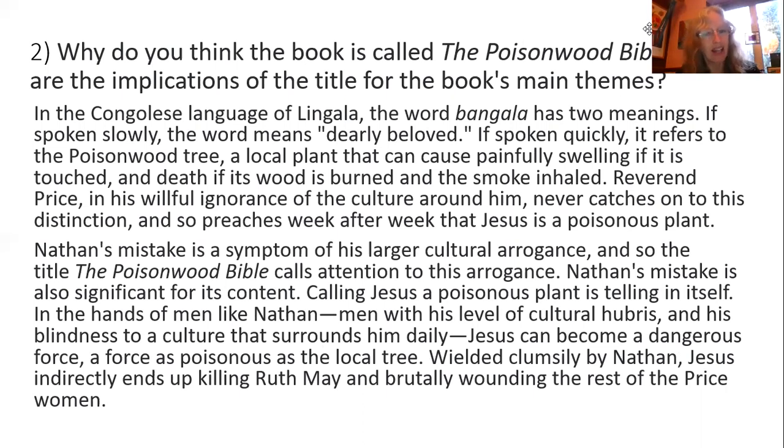In the hands of men like Nathan, men with his level of cultural hubris and his blindness to a culture that surrounds him daily, Jesus can become a dangerous force, a force as poisonous as the local tree. Wielded clumsily by Nathan, Jesus indirectly ends up killing Ruth May and brutally wounding the rest of the Price women.